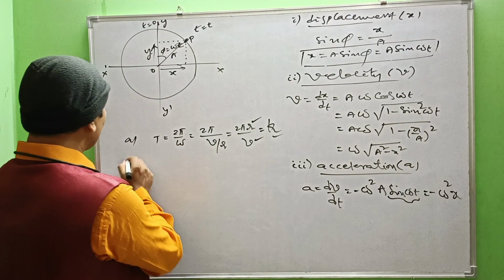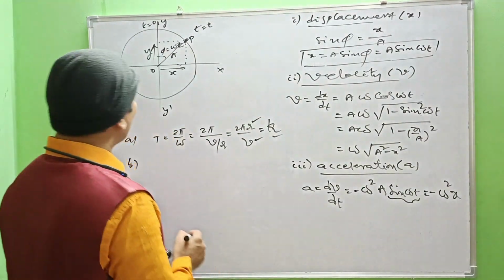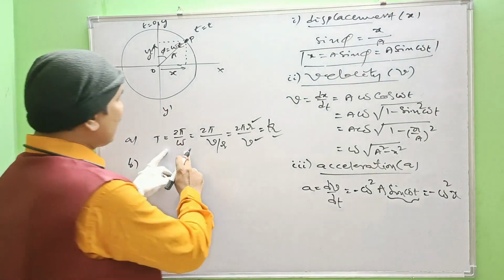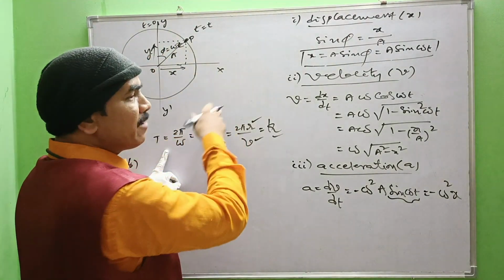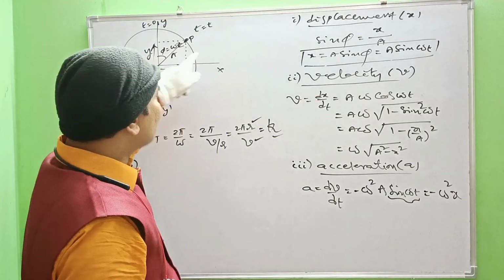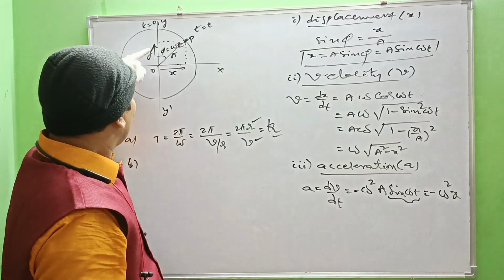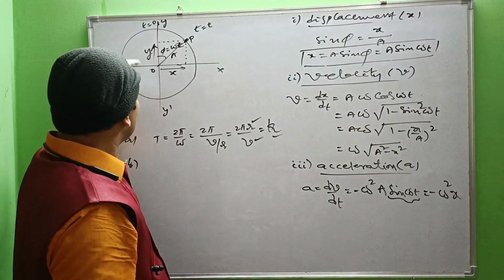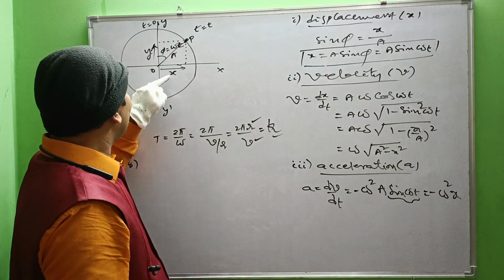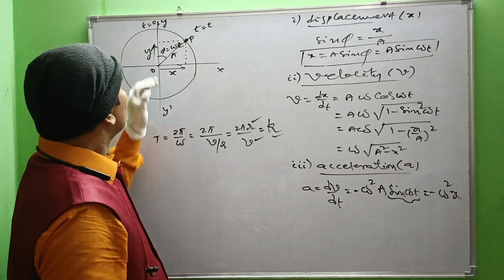Next, what is the other condition? Motion must be to and fro. Here the time period of the particle is constant, which implies the time period of oscillation of the projection is also constant. As the time period of the particle during its revolution is constant, the projections on both x and y axes oscillate.